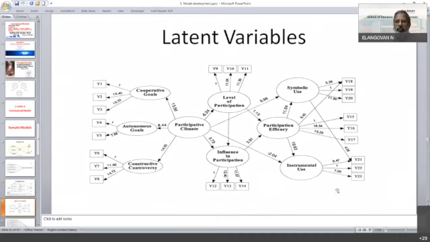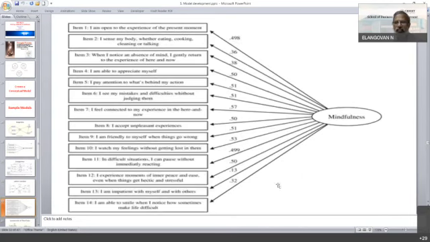Okay. So likewise, you can understand the connection or the influences from the latent variable to latent variable. So this is latent variable. So again, this is the latent variable. So mindfulness is measured by so many items. 14 items makes the mindfulness variable.